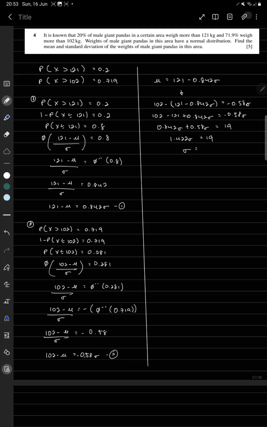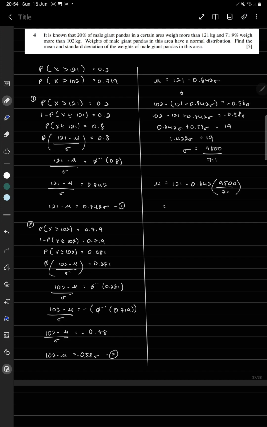Then we'll get the standard deviation of 9500 over 711. I'm going to leave it this way because I'm going to use this to find the mean. Then we'll change it to decimals once we finalize our answer. So let's substitute the standard deviation.